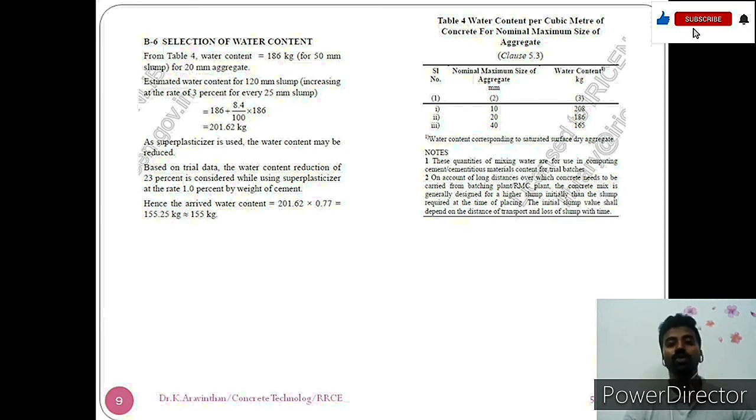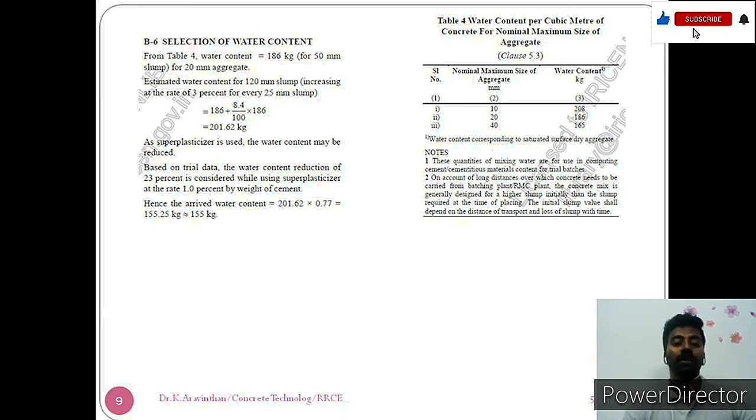Also you have to note that if we increase the water content more than the guideline, it will spoil the concrete, and the durability will be reduced, as well as the strength. So we can increase up to a certain level, and after that we can use plasticizers in order to get the fluidity and workability.